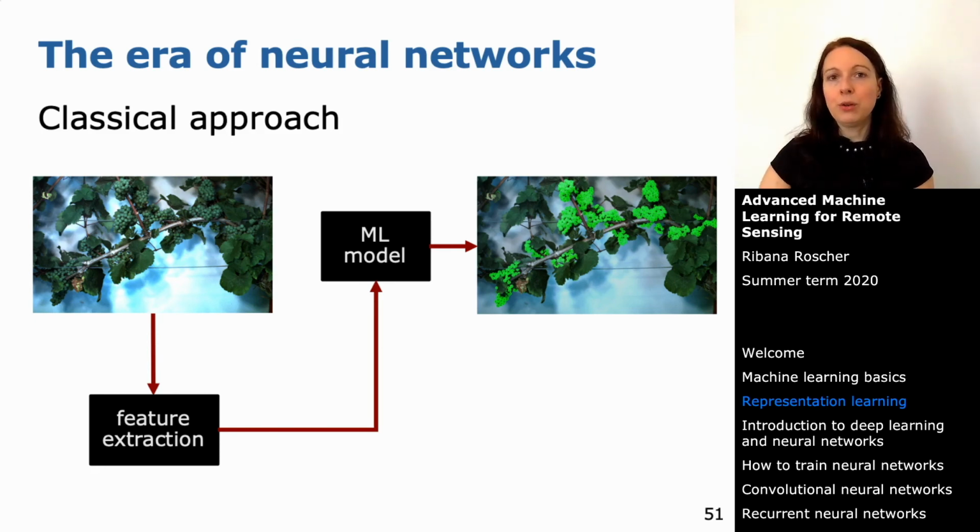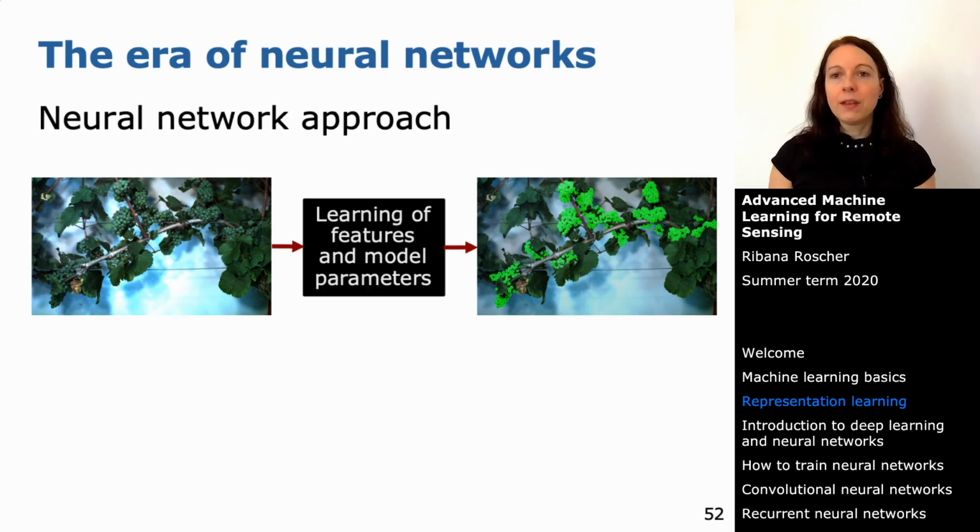As I told you, you can do this with handcrafted features, or you select features, or you can even use more sophisticated approaches like sparse representation, self-taught learning, something like this. And then you use the data representation and learn a machine learning model for regression or classification or something else.